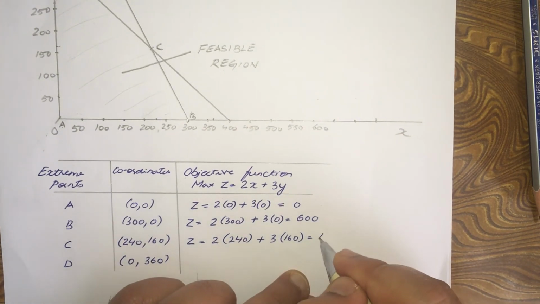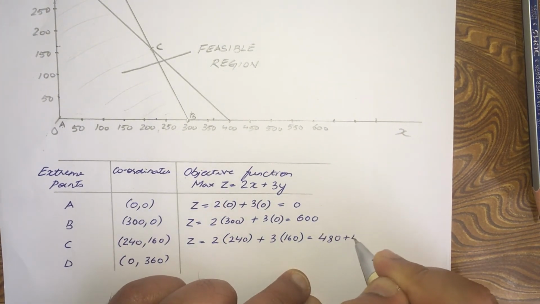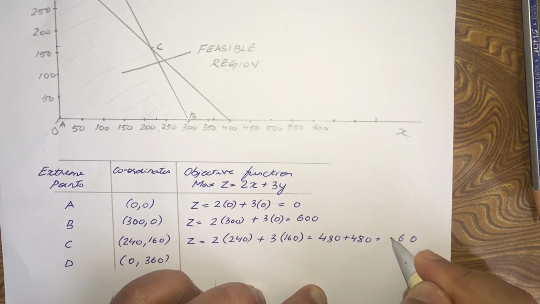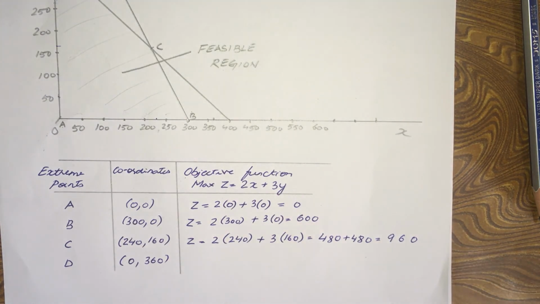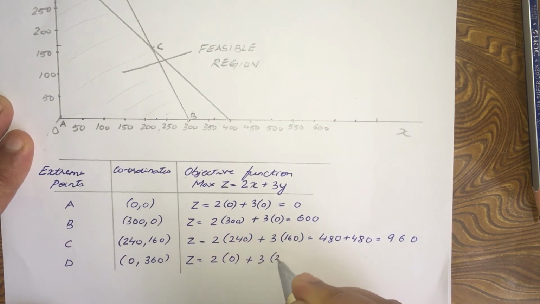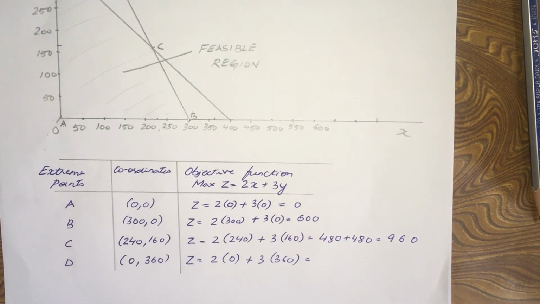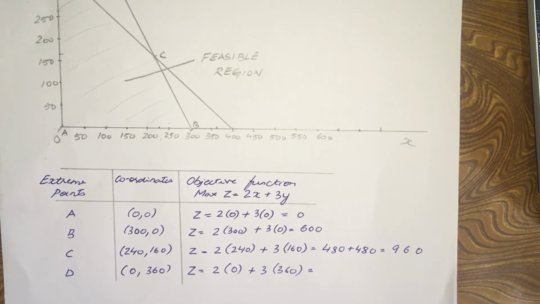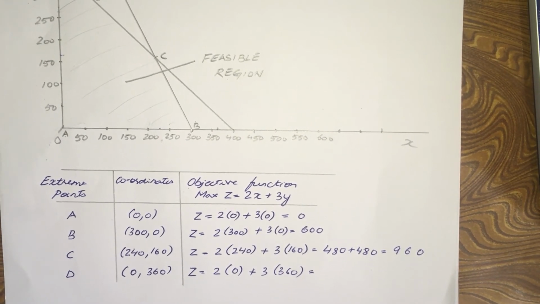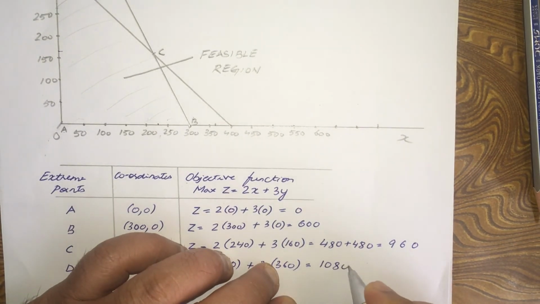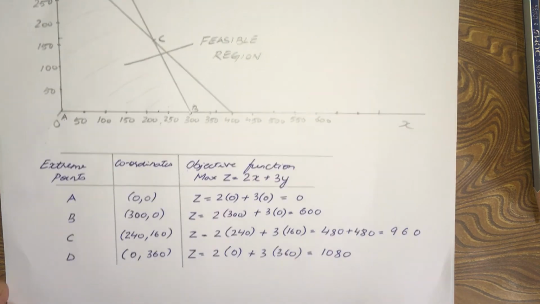This is 480 plus 480, which is 960. All right, and the next one is 2 into 0 plus 3 into 360, which equals 1080.